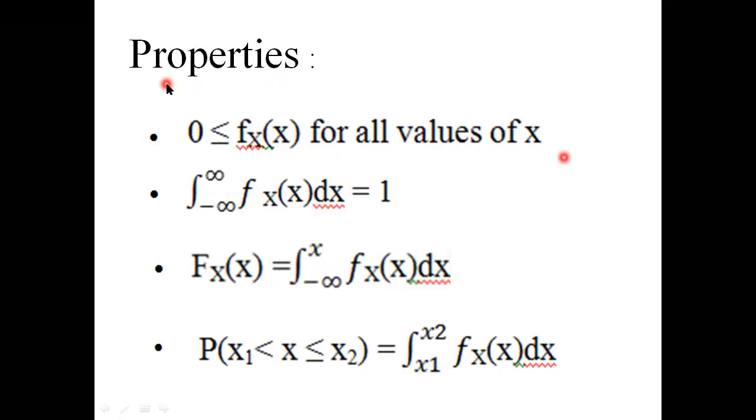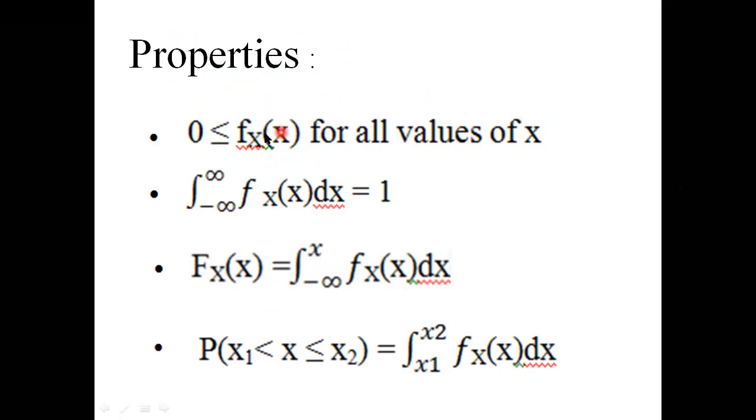Now the properties. What is the first property? 0 is less than or equal to small fx of x for all values of x. What is the meaning here?